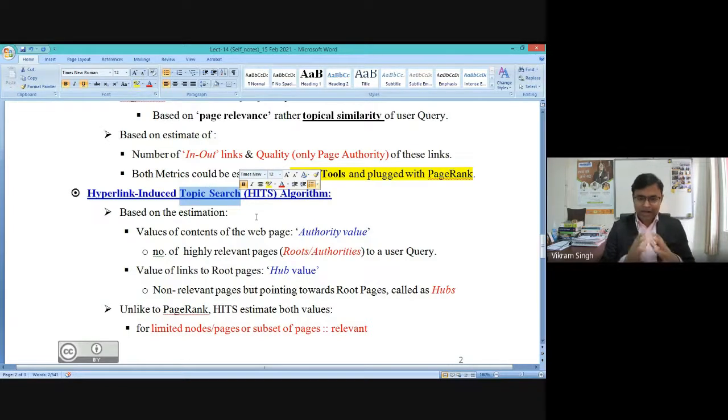Authoritative pages are the pages where the user query term is placed, and hub pages are pages whose links are placed into these root pages. So these two sets of pages are used to generate the link rank or link position, or their importance, in the case of HITS.